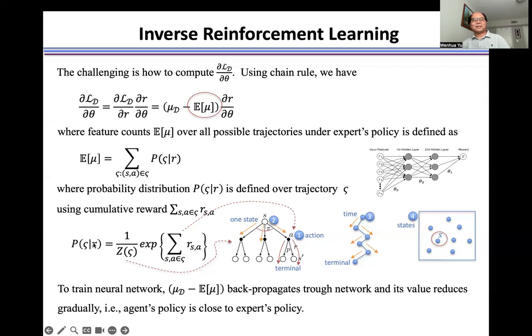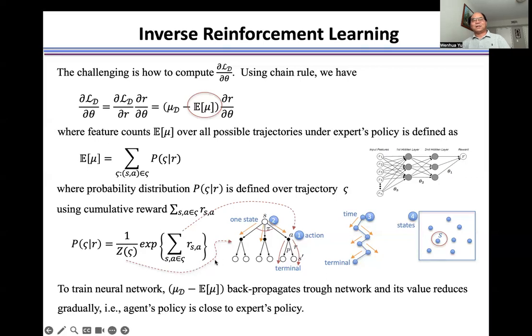Once we get this probability distribution, we can substitute this P into the feature count, and then substitute this feature count into here. This is the feature count under the expert policy. Then we use this difference to propagate from the output back into the neural network.